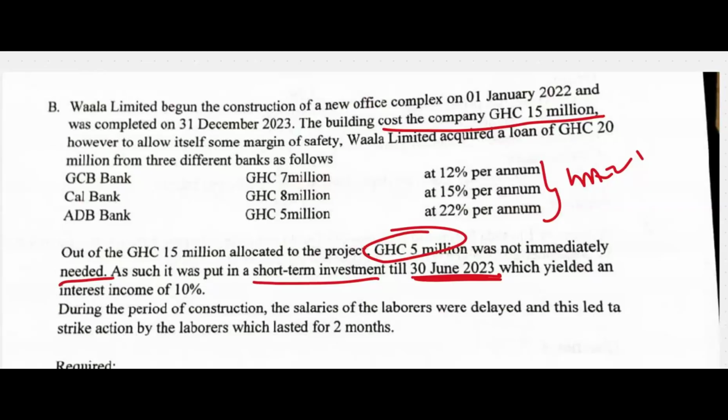During the period of the construction, the salaries of the laborers were delayed. And this led to a strike action by the laborers, which lasted for 2 months. So we talked about suspension of borrowing costs. When certain actions take place which are beyond the control of management, borrowing costs will be suspended, because at that time there's been a pause, a stoppage of the operations.